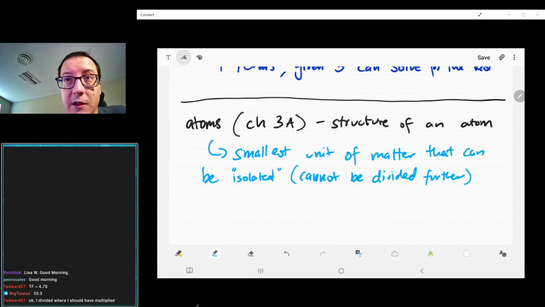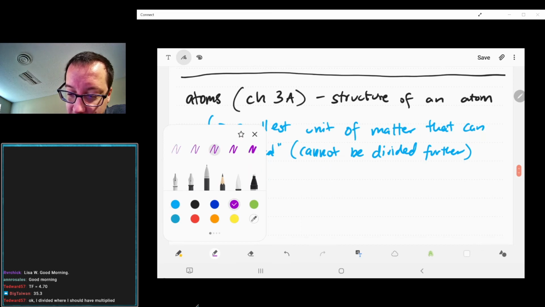Though, of course, in nuclear chemistry you can. But this is a definition that comes from the Greeks 2,000 years ago or whatever, where they definitely did not have access to nuclear fission at the time. So basically, the atom was defined as the smallest unit of matter that you can have.